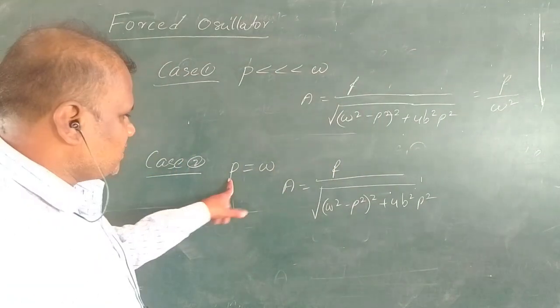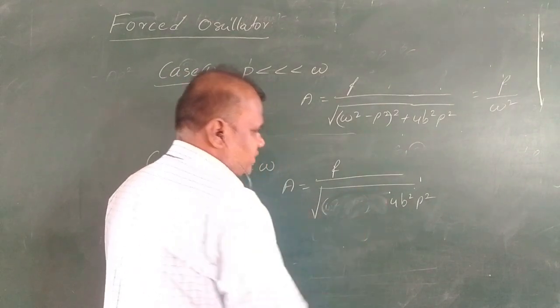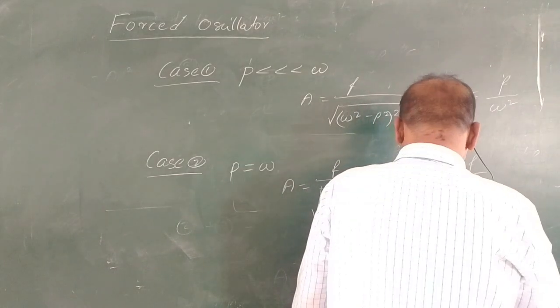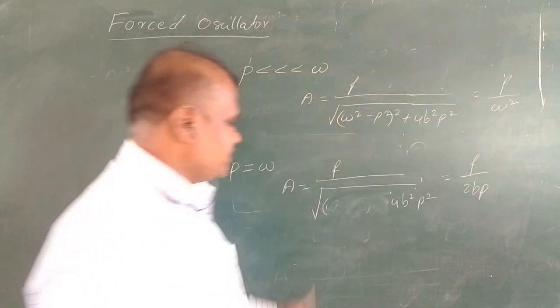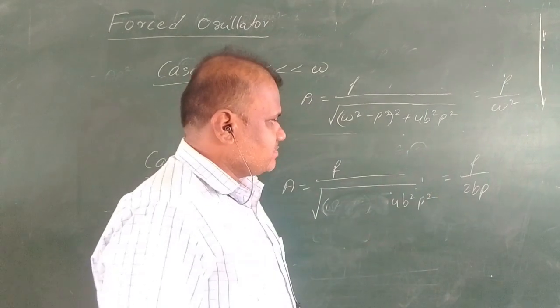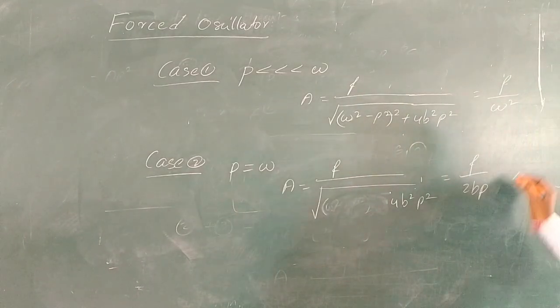Here p equals omega, so there will be no first term, just 4b square p square. Therefore the resultant amplitude is f divided by the square root of 4b square p square, which is f divided by 2bp.